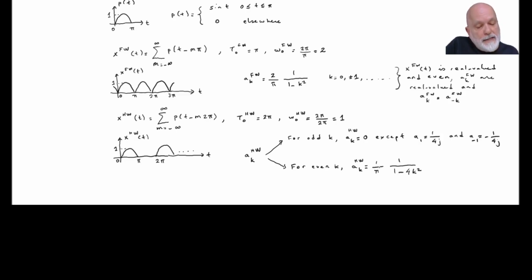Now, another interesting observation is when we compare the values of the Fourier series coefficients of the half-wave rectified sine signal for even values of k, we see a similarity between these expressions and the expressions of the Fourier coefficients of the full wave rectified sine wave.